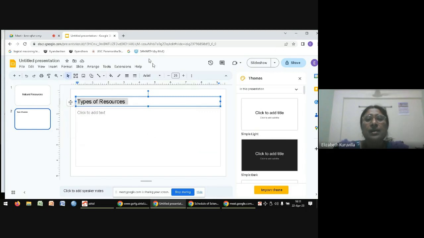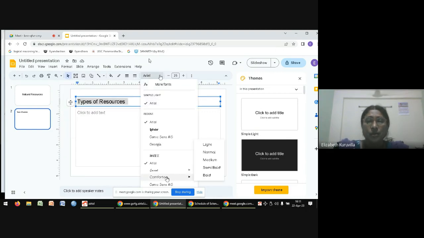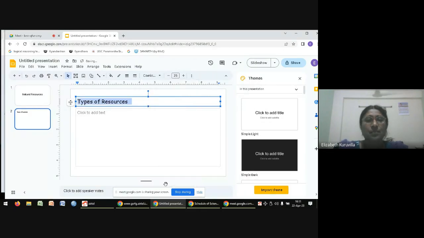Here is Arial, here you will go for Comic Sans. You can change the font size. You can see the types of resources are changing.